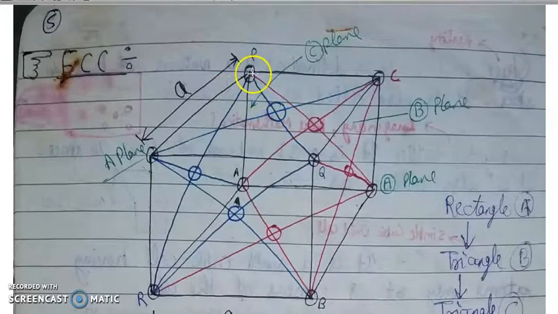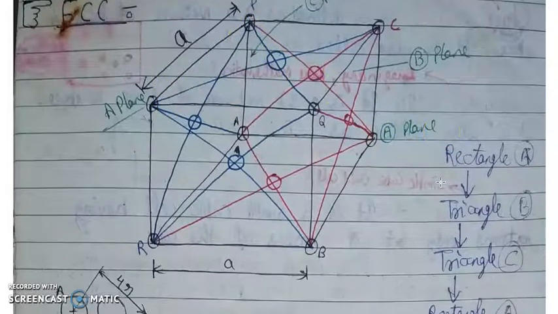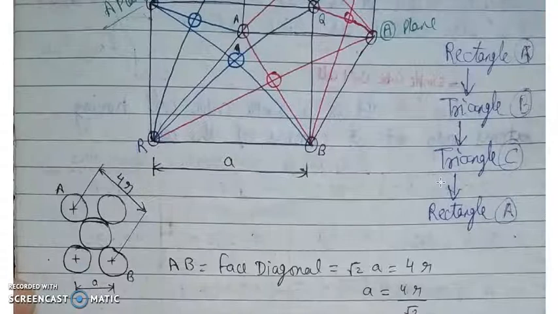If you see the front face or top face, there is an atom in the center of that face. Similarly, every face has another atom in its center, connected to the corner atoms.